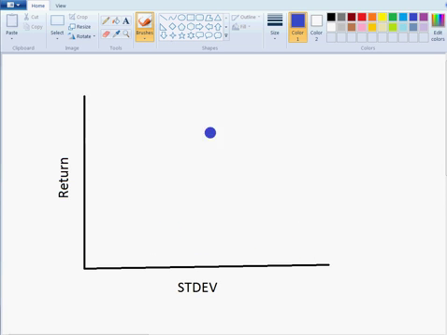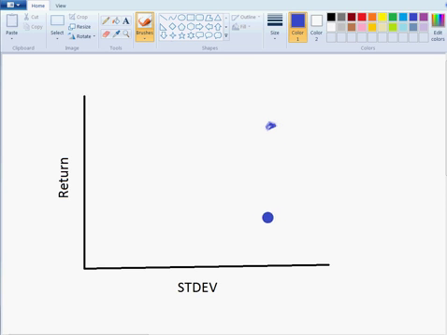So we can map every stock with its return level and its risk level. Let's say we've got a stock that is high return and high risk. We'd put it over here. And then maybe a stock with a lower return might have a little less risk. You can put that here.